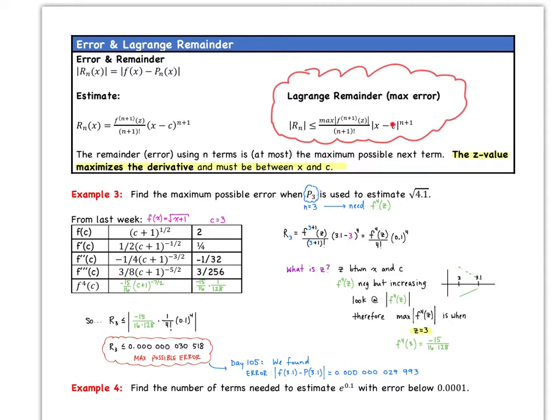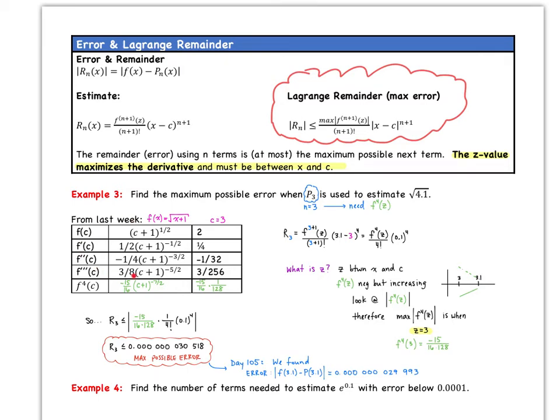So we want to find the maximum possible error when P3 is used to estimate the square root of 4.1. If it's P3, then we know n equals 3. So then we need to find the fourth derivative at z.